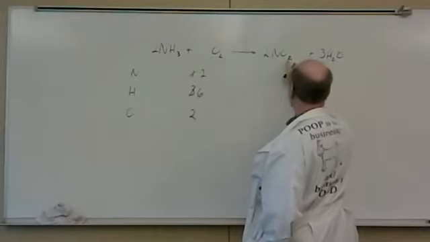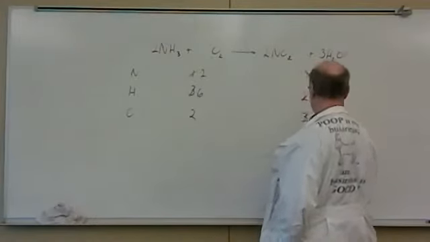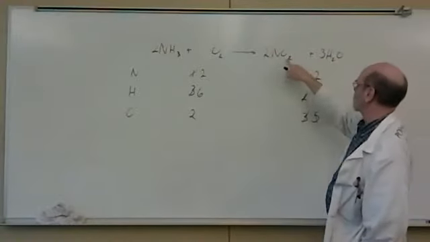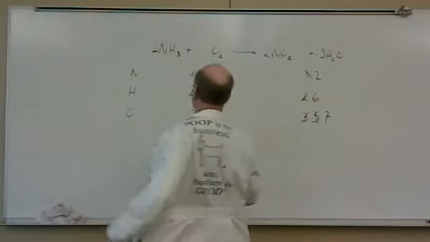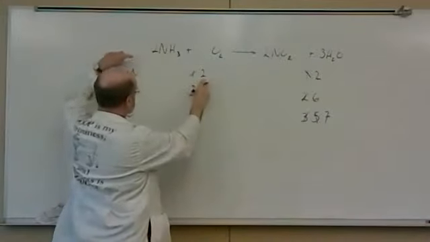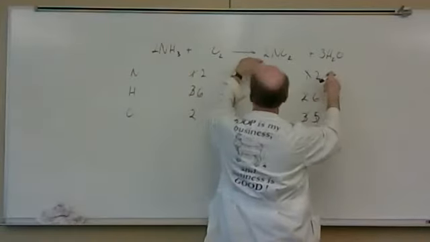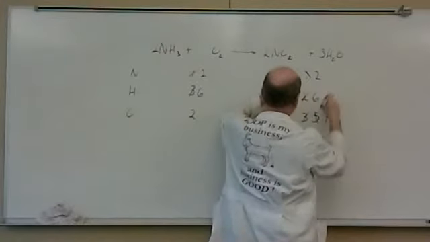That gives us 4 plus 3 is 7 oxygens, right? Did I do that right? 2 times 2 is 4, plus 3, 7. Okay. Now let's see. 2 nitrogens, 6, 2 nitrogens, 6, yeah, 7. Okay.